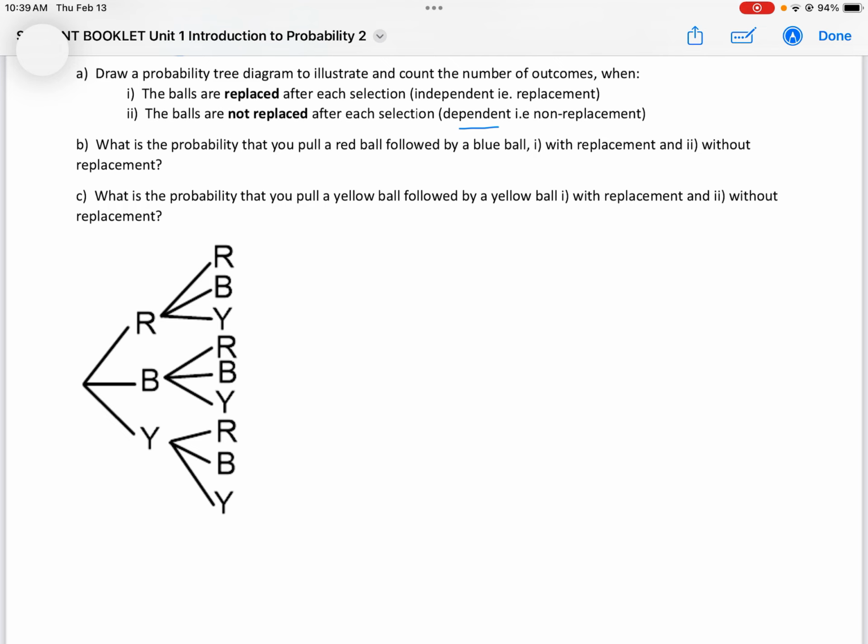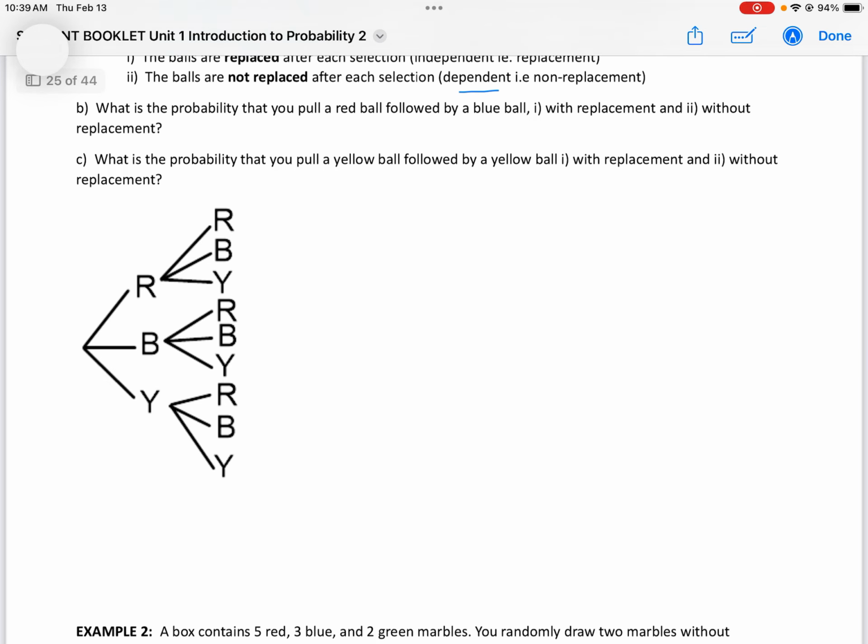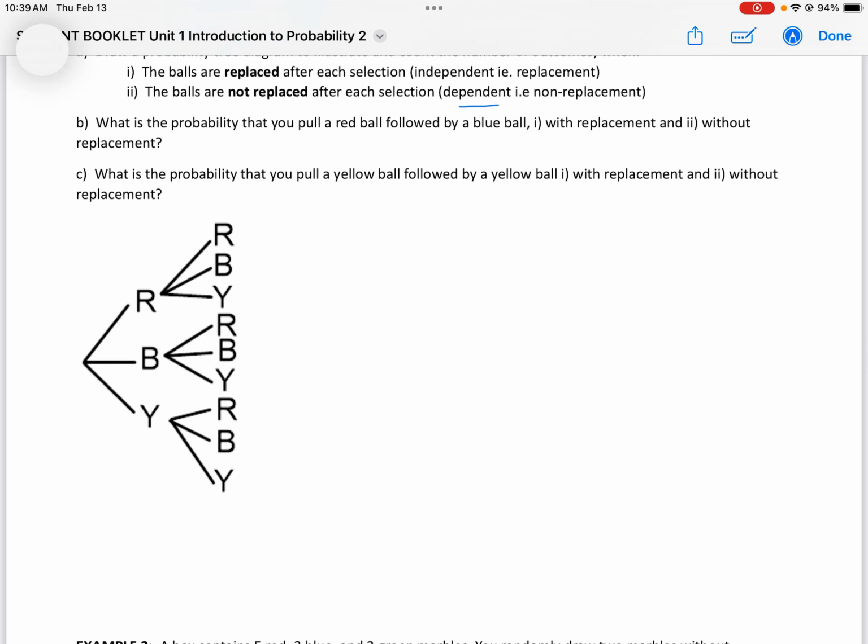I already put in the tree diagram because this is what we've been working on so far. Red, blue, and yellow, each of these has a third probability of getting chosen. And for replacement, we replace the balls and then all the probabilities reset. So the probabilities again are 1/3, 1/3, 1/3, all the way down.